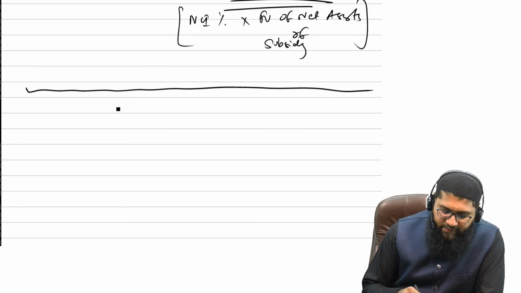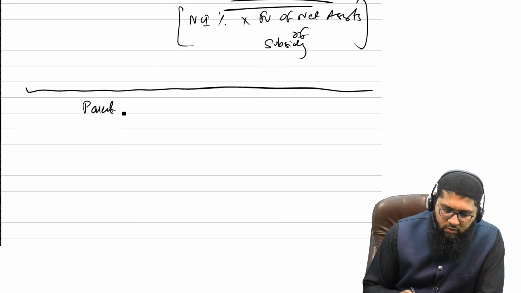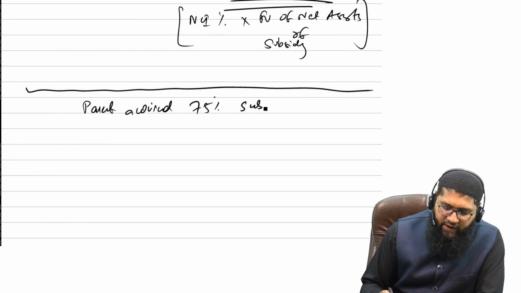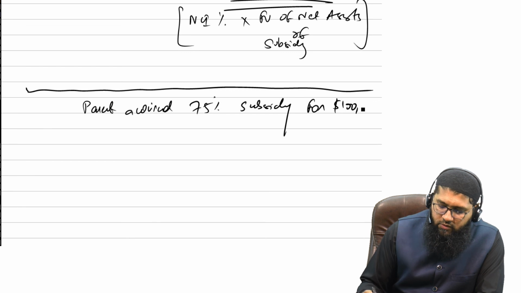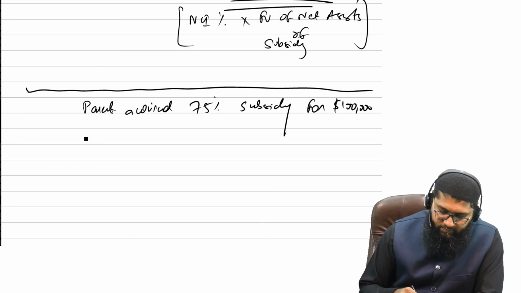Basically, let's say the parent acquired 75% of a subsidiary for $100,000.